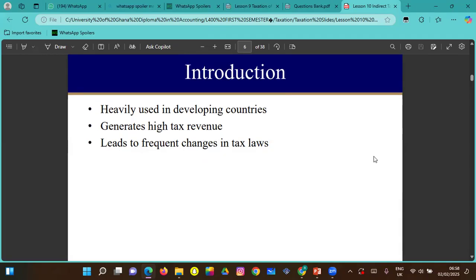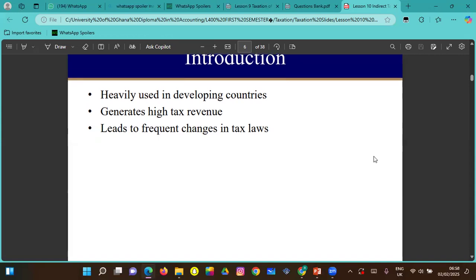The value-added tax is heavily used in developing countries, and it also generates high tax revenue. It leads to frequent changes in tax laws. Basically, since developing countries don't really have a good taxing system, they cannot really trace direct taxes. So we mostly use indirect taxes, because it is embedded in the goods and services we buy or use.